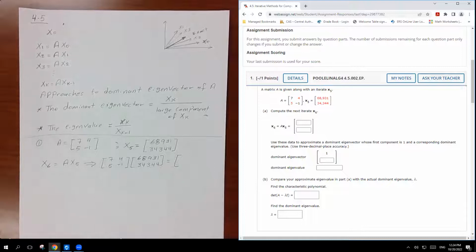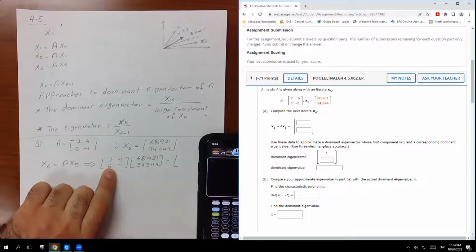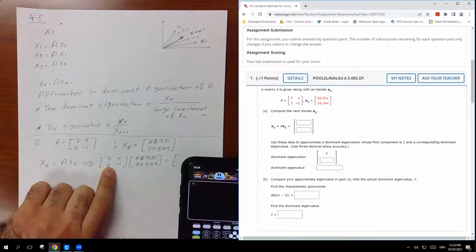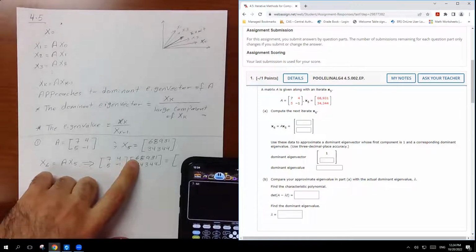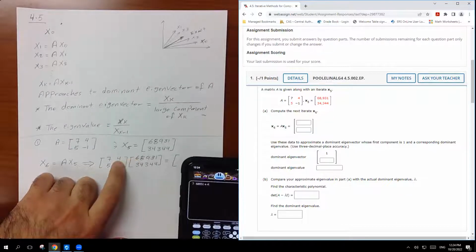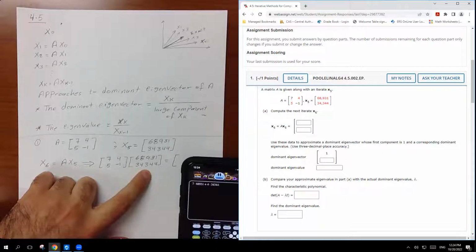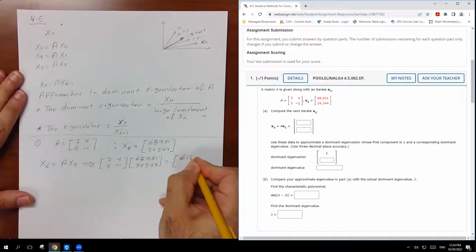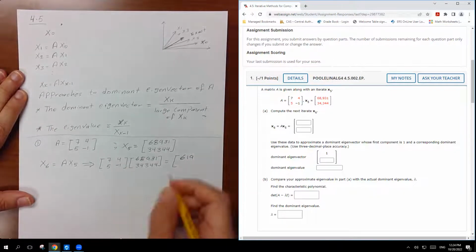Here's the important thing: you have to be careful when you do the multiplication. So 7 times 68931 plus 4 times 34344 is going to be 619893.